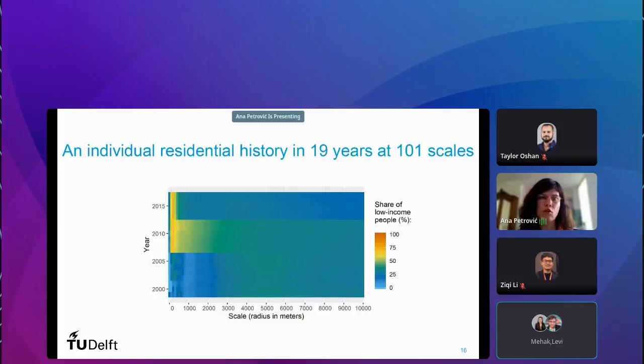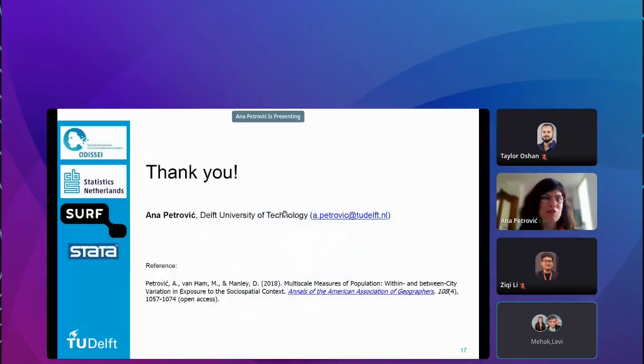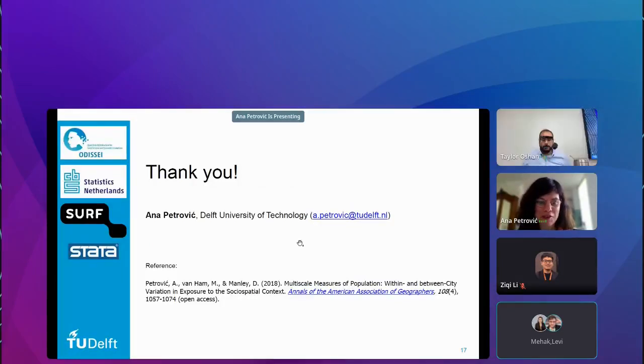As I said, this is the overarching aim: to better understand how segregation develops over time, space and scale. Since we have limited time, I wanted to focus on how we actually constructed this measure. Thank you for your attention, and I'm looking forward to the other presentation and our overall discussion at the very end.